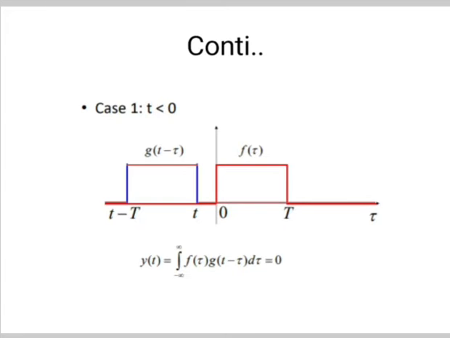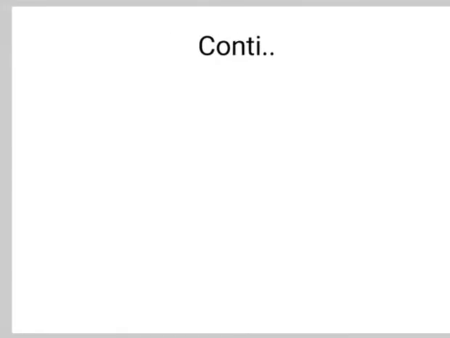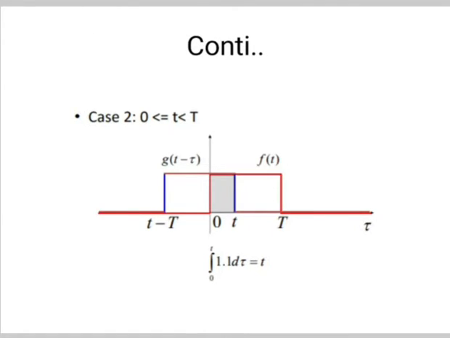So this is shown in this diagram. The function g of t minus tau has value 1 between t minus T and t. At other places its value is 0.